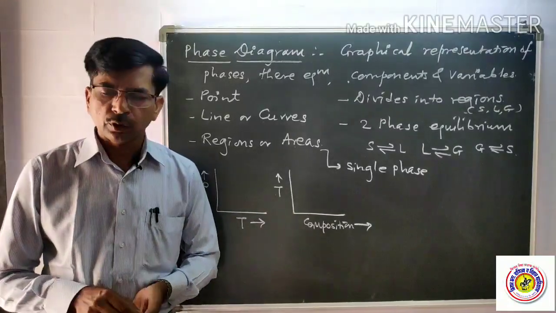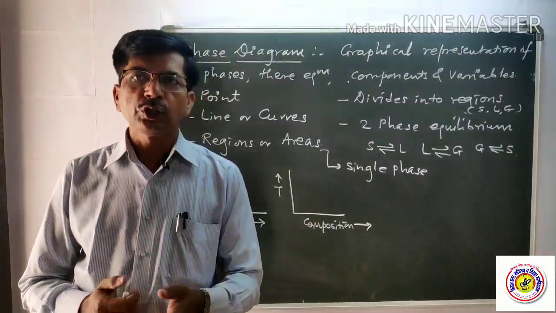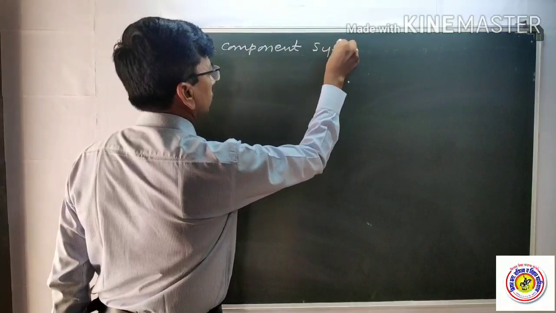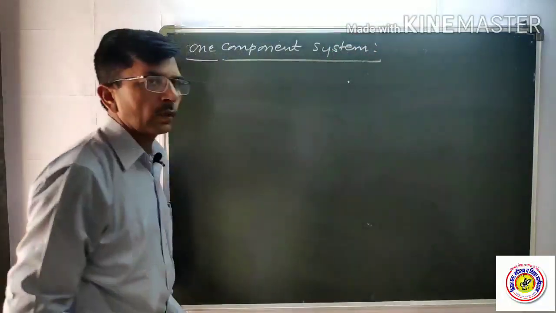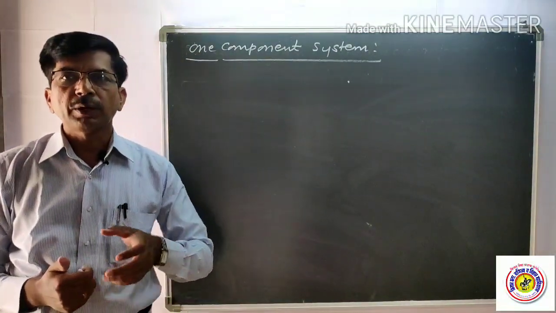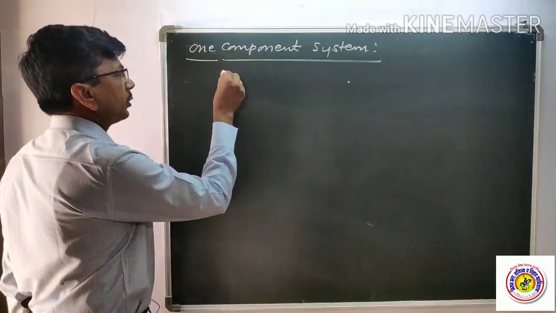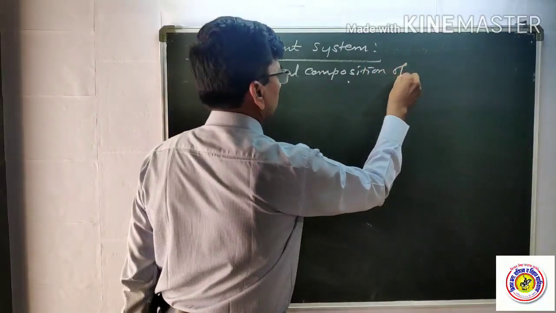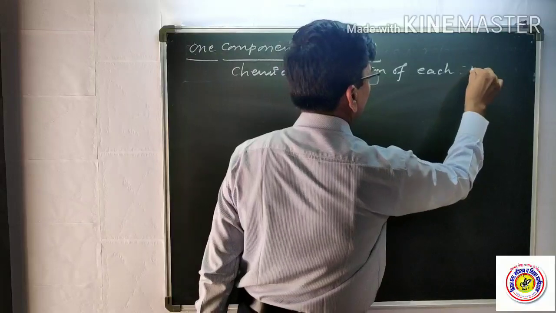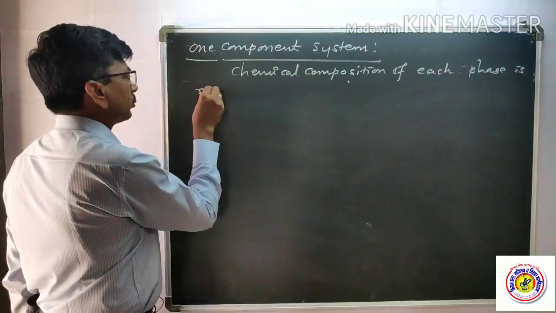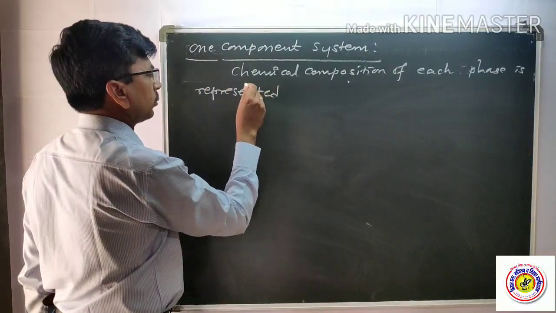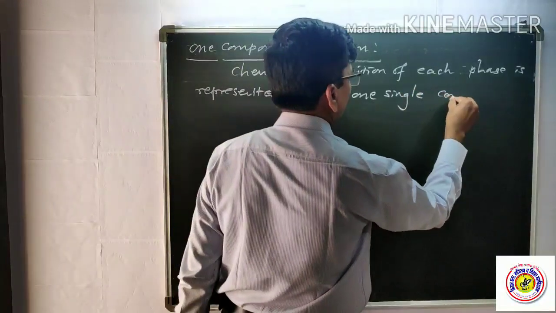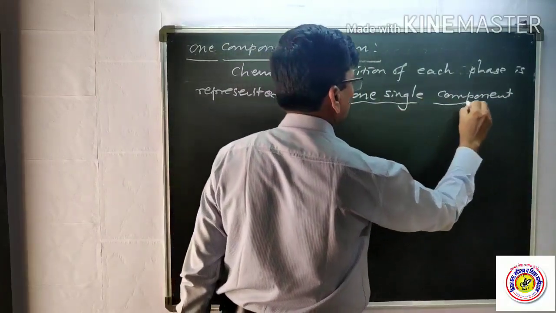A one component system is a system in which the chemical composition of every phase in the system is represented by a single substance, only one single component or constituent. We call it a one component system.